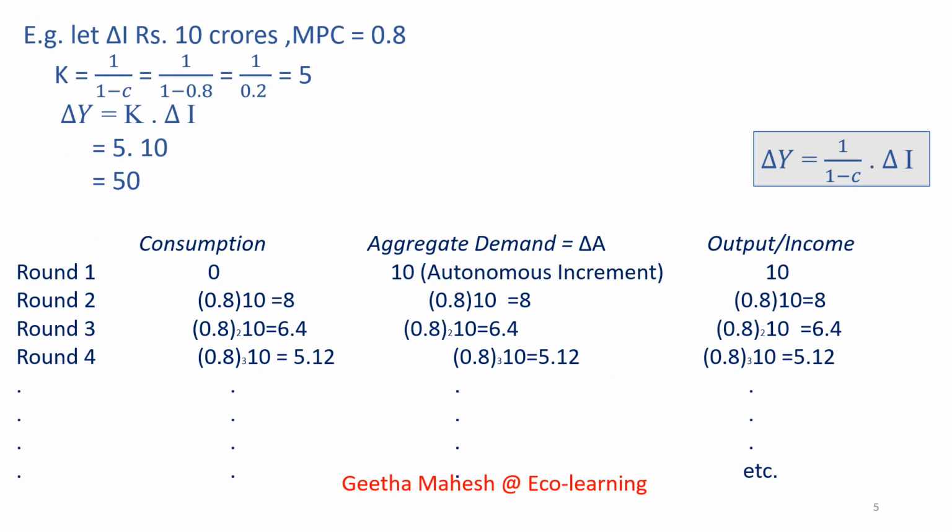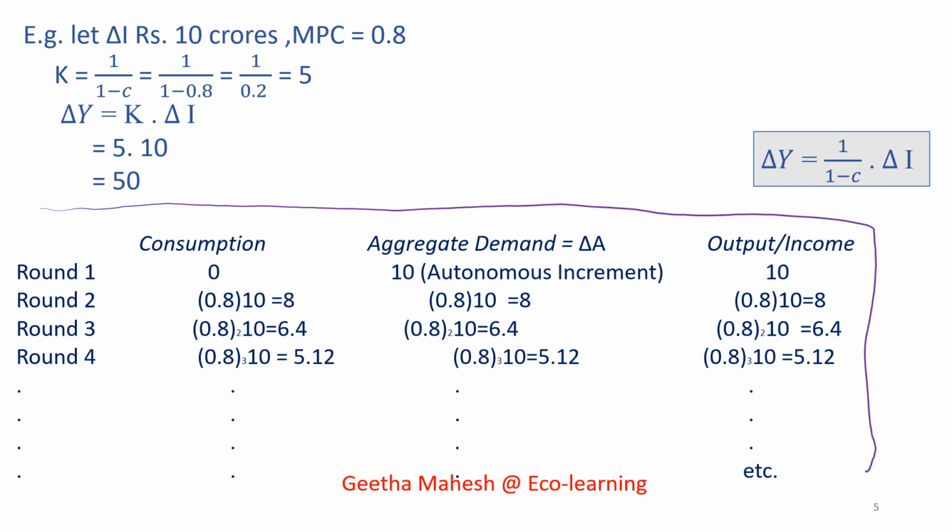Dear students, whatever we discussed now, you can make it into a table. Instead of first person, second person, you can make it round 1, 2, 3, 4 like that. Here, consumption at the beginning, let us take it as 0, and suddenly we make an autonomous increment of 10 crores. Then the income generated is 10 crores.